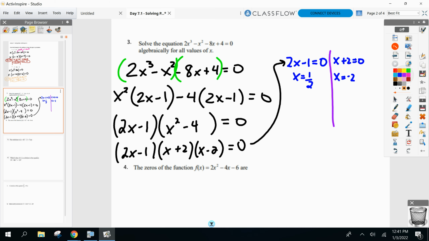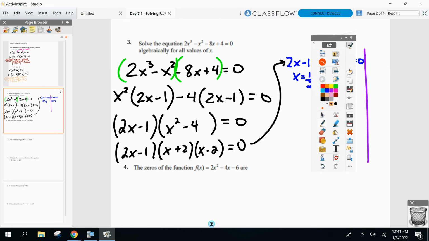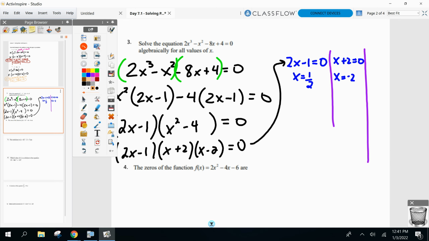And my third and final one, x equals 2. Go ahead. Just get used to this checking. I'm not dropping it.